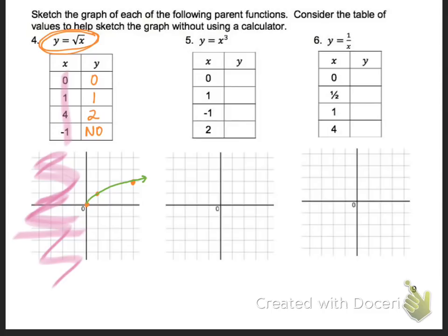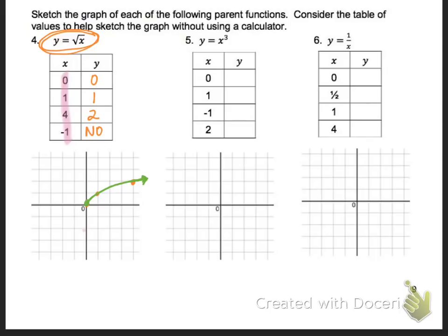So thinking about y equals the square root of x, it will start at x equals 0 and then go to the right. So in memorizing this picture, it starts at 0, 0 and kind of extends to the right. And you can check this on your calculator just to look at it. But I do want you to memorize the picture.